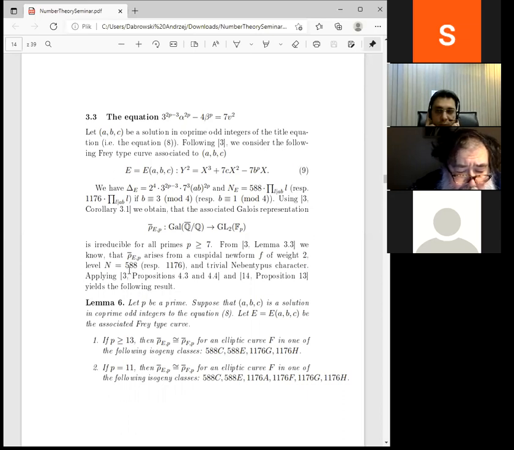two possible levels. So we obtain two spaces of newforms of weight 2 and these two possible levels.